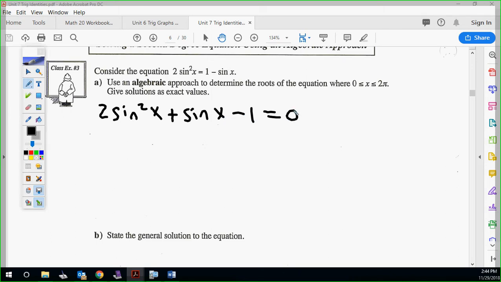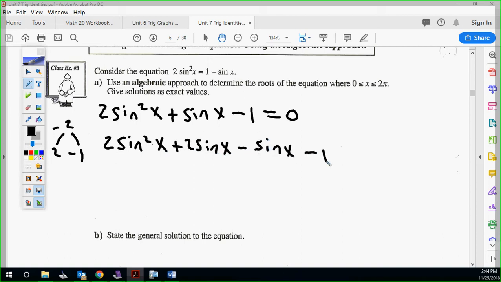Okay, and so this is a decomp problem. We have to decomp this one because of the 2 in front. Okay, unfortunately. So we have to go 2 times that, so it's negative 2. Factors of negative 2 that get you 1 are 2 and negative 1. So it's going to be 2 sine squared x plus 2 sine x minus sine x minus 1. Like that.